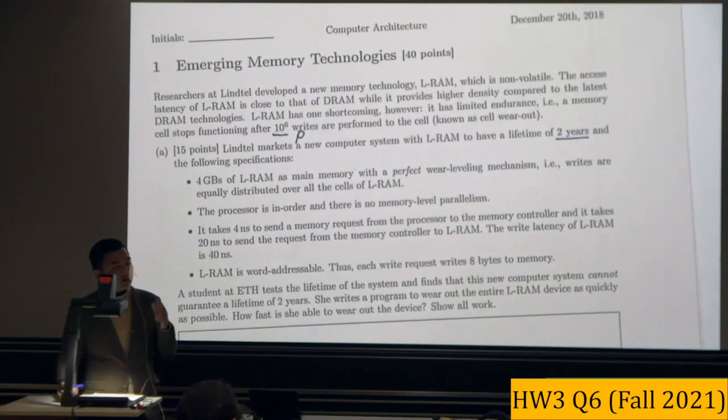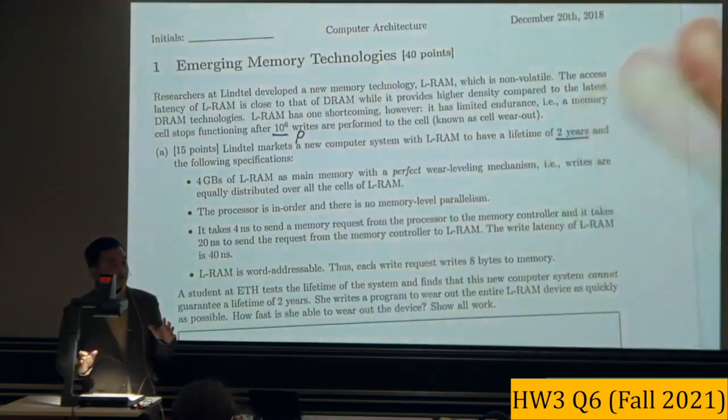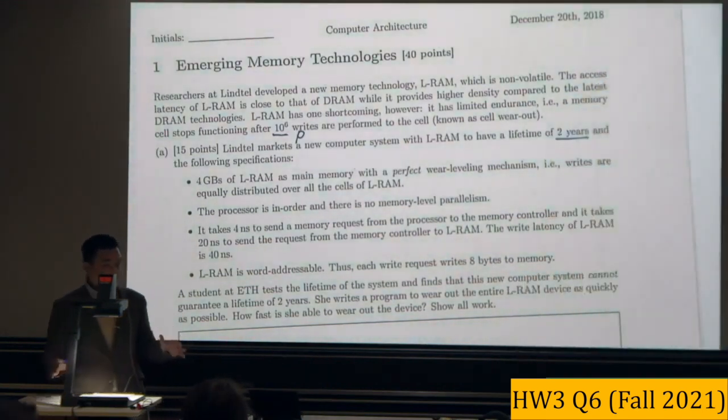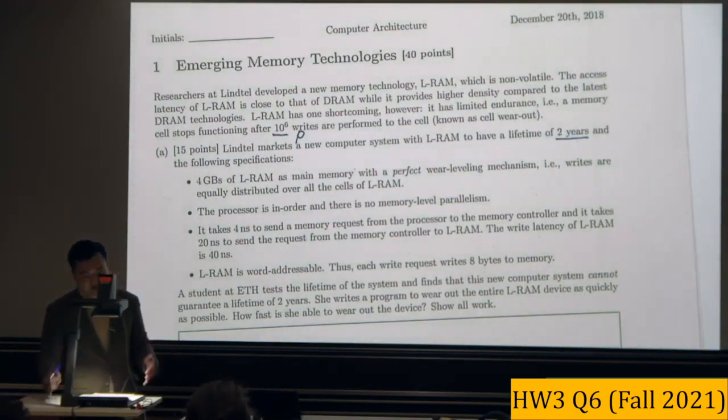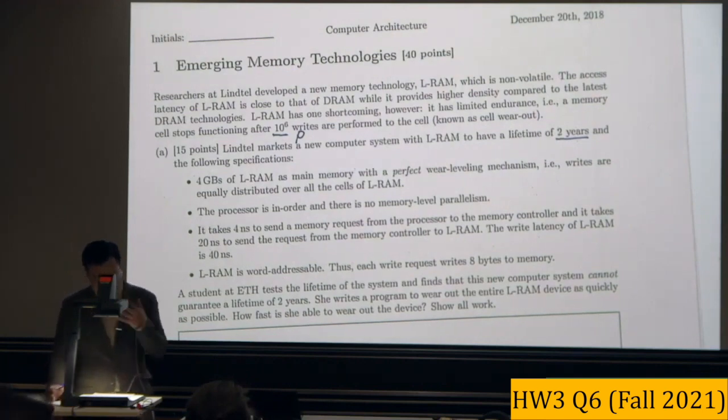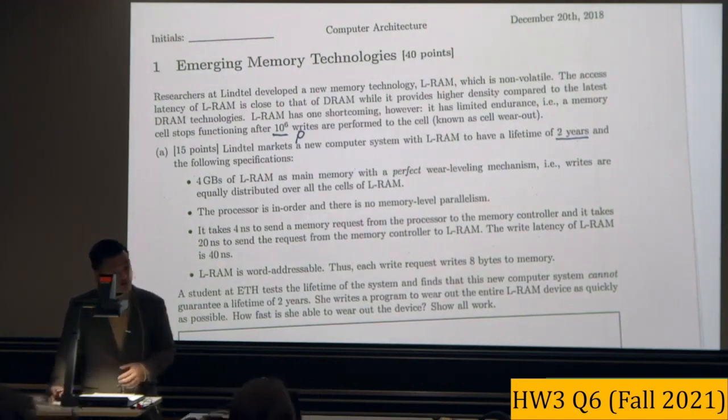It means that even if we try to write data to a very specific location, the memory device somehow evenly distributes the requests to the underlying cells. So this assumption allows us to forget about the access pattern of programs.